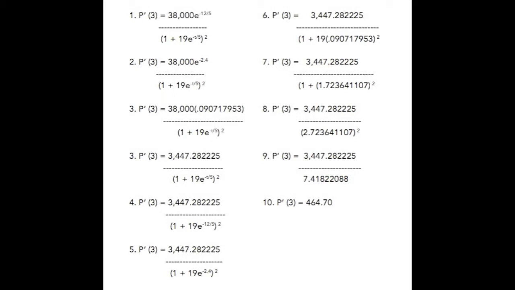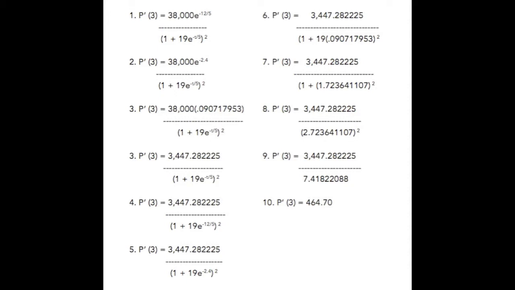So as in the previous problem, you have to insert your value of t, but in this case it will not be 3 months, it will be 12 months. So for the first step, you have to do 38,000 e to the power of negative 12 over 5. That should give you e to the negative 2.4. And the result of the exponent of negative 2.4 is 0.09071793.